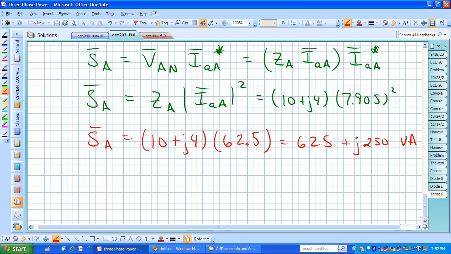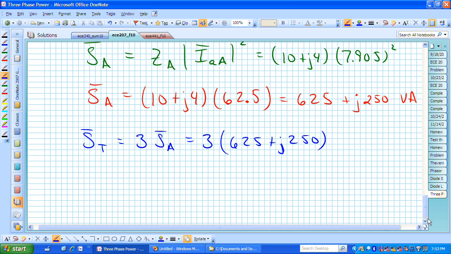If we now need the total complex load power, which is S sub total, that's just 3 times any of these single phase. Since it's balanced, it doesn't matter which phase we look at. We can just say the generic complex load phase, and that was 625 plus J250, and that's volt amperes.